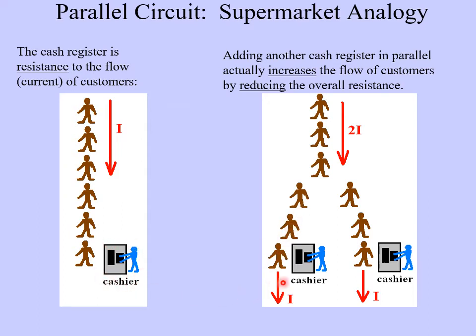So here we have I, and here we have I going through this cash register, but these customers are all coming from one line back here, so the current through the store of customers is twice as much. We have twice the flow now of customers because we have twice as many paths or cash registers for them to flow through. So this is exactly what's happening in a parallel electric circuit. By putting another resistance in parallel, we create another path for current to flow, which gives us more overall current.